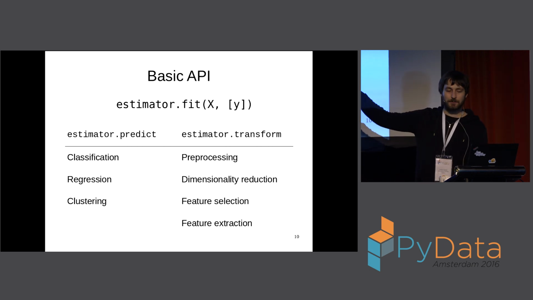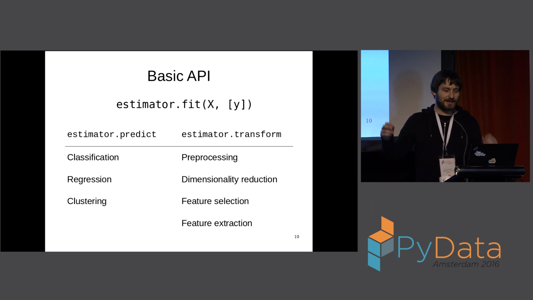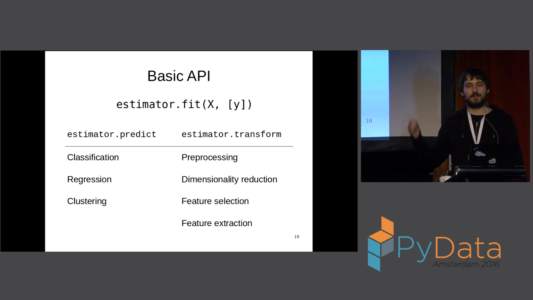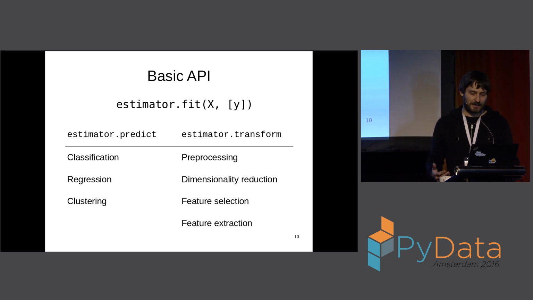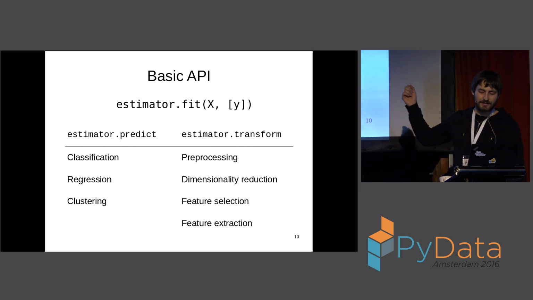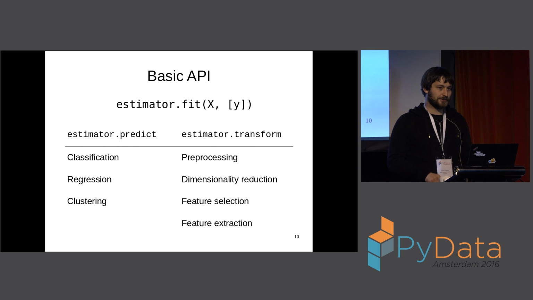There's a predict method if you want to predict something like the y. This is for regression, classification, and also for clustering, where you want to get cluster labels. And you use a transform method if you want to get a new representation of the data. So you transform your data x into a new x. This is for preprocessing, dimensionality reduction, feature selection, and feature extraction.